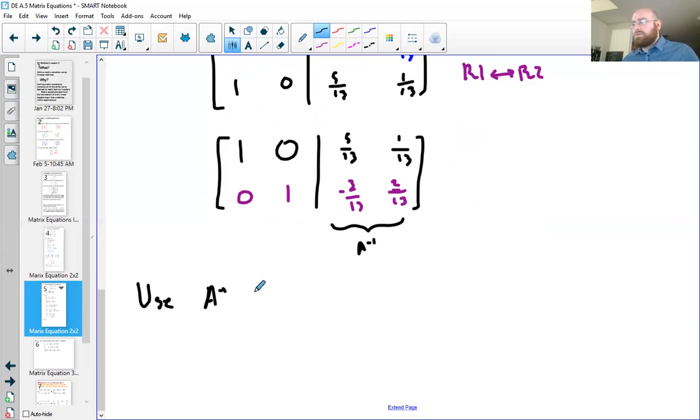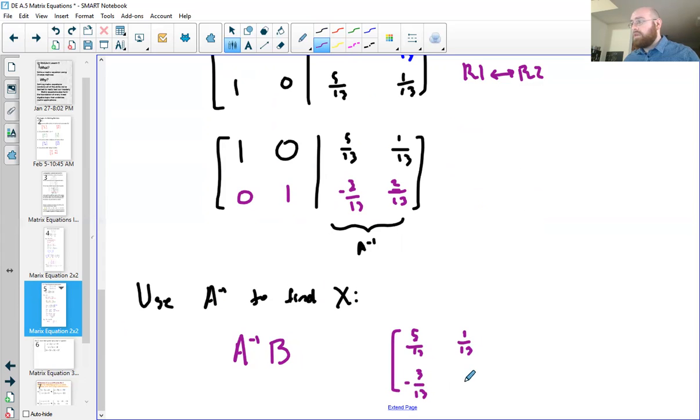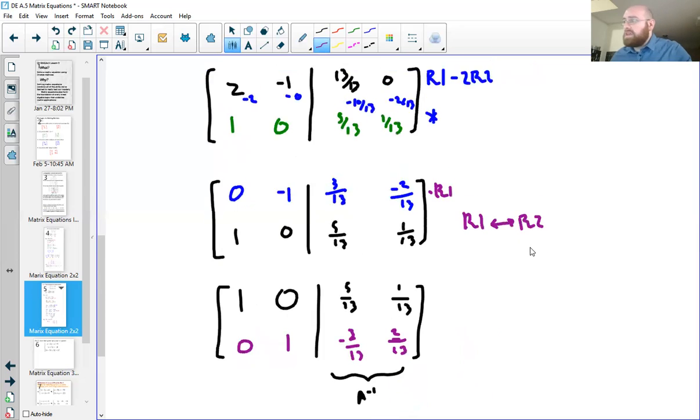So our next step is going to be to use A inverse to find X. In this case, we really have A inverse times B. So A inverse is 5 over 13, 1 over 13, -3 over 13, and 2 over 13. And I need to refresh my memory what B is.